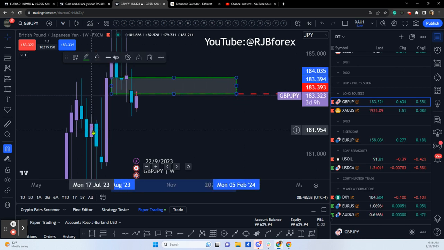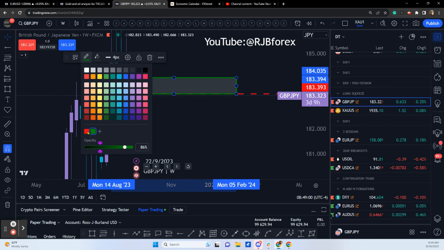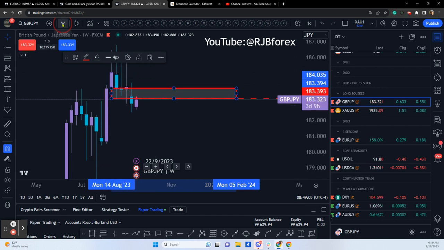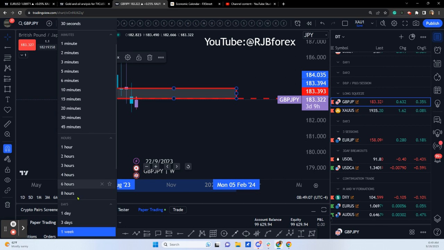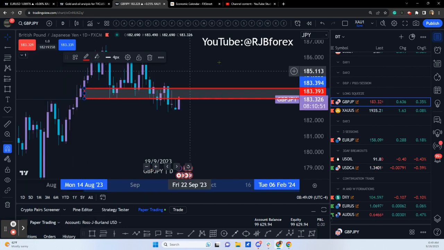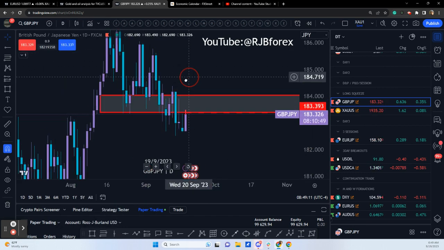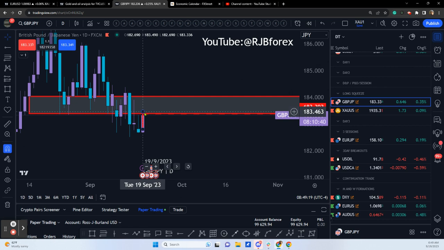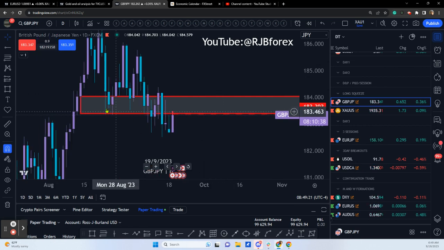So looking for shorts, in my mind, is the right way to go at the moment. So we've got bearish impulse, bullish correction up into a resistance area.